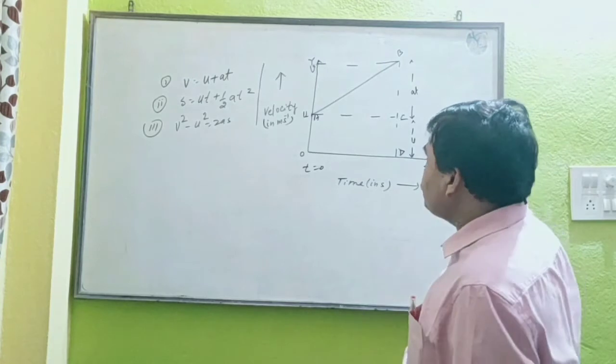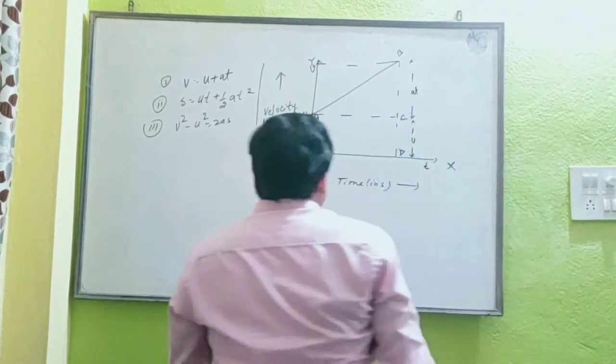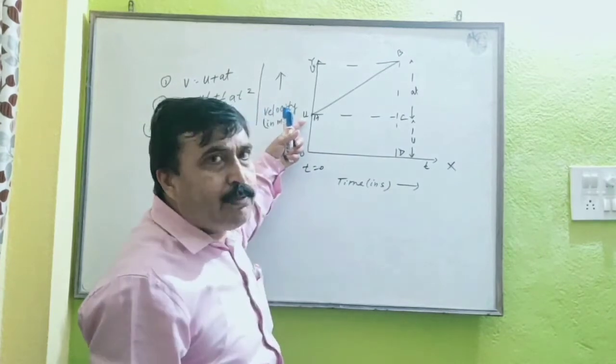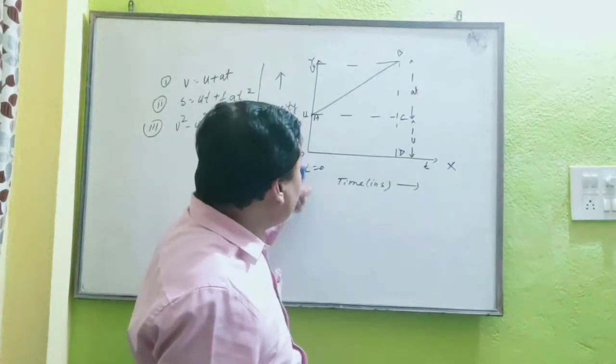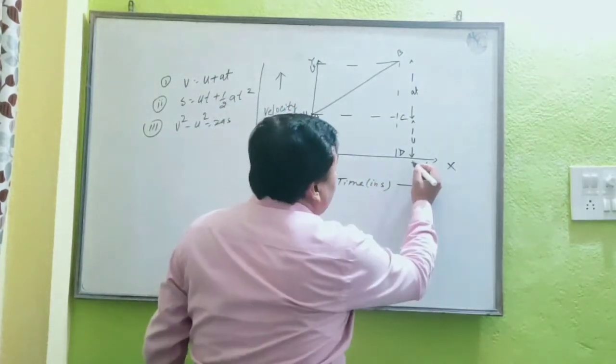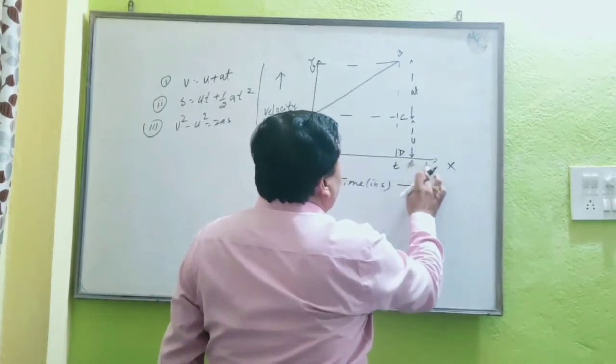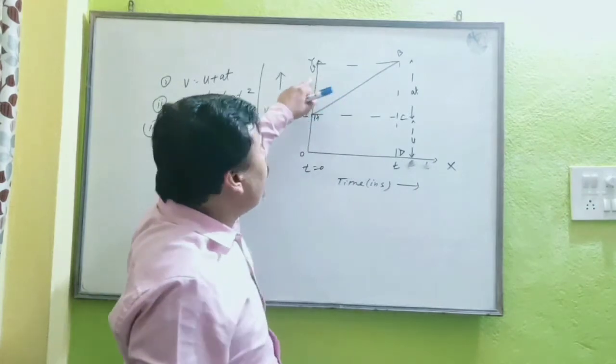Because at t equal to 0, the initial velocity of the body is u, and at t, the velocity of the body is v.